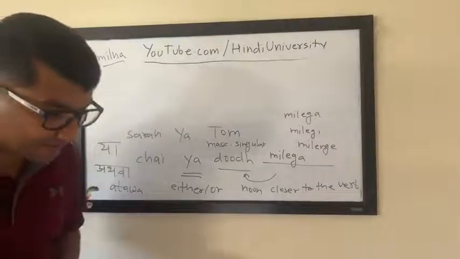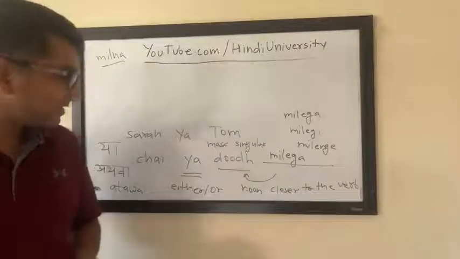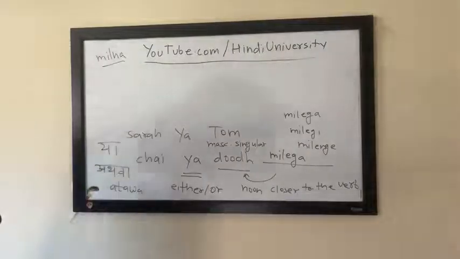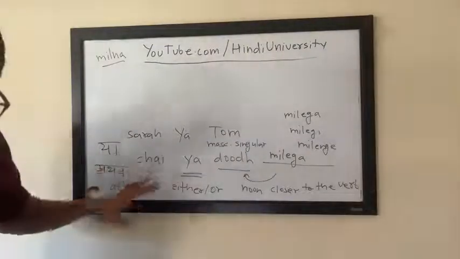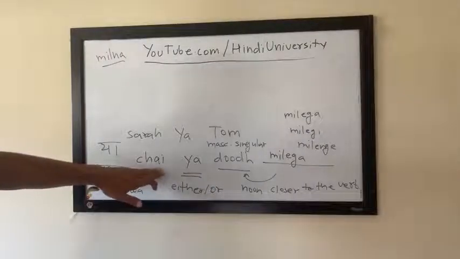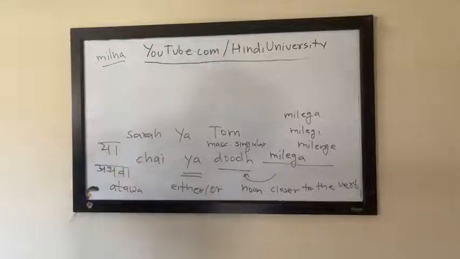Oh, sorry, back to the other topic. So this is for inanimate, non-living things. Is it the same with living people? You're absolutely right, this is for non-living things, and we will cover the others as well. How will it change if you have, say, mera bhai?